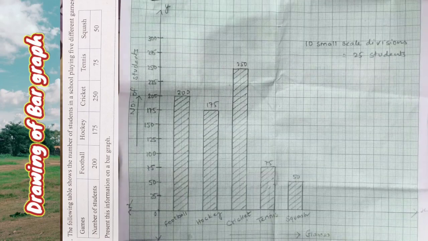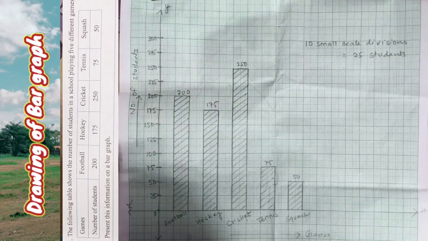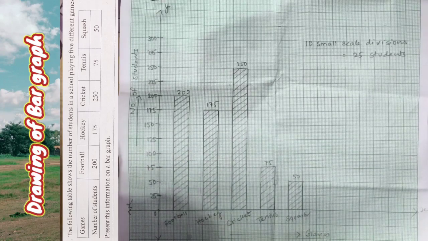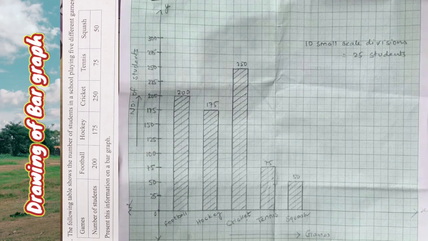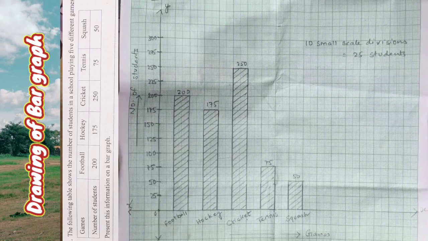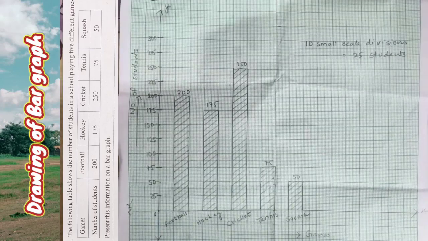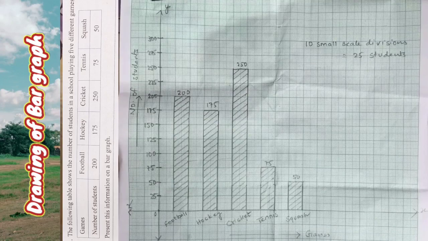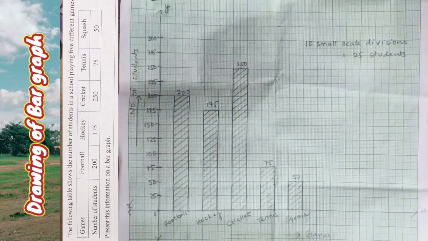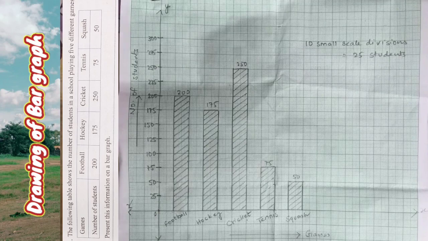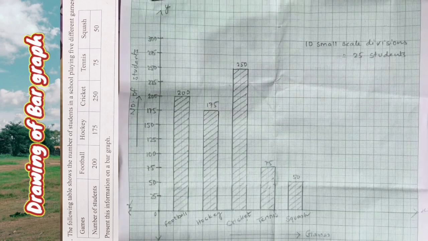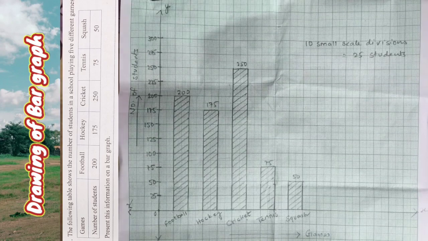And one more thing, the shade should be different for both the bars. For example, if the first bar is indicating the number of boys, and the second bar is indicating the number of girls, for all the bars representing the number of boys, the shade should be the same, and for all the bars representing the number of girls, the shade should be the same, so that just by looking at the bar graph, the difference between these two parameters is very clearly understandable.